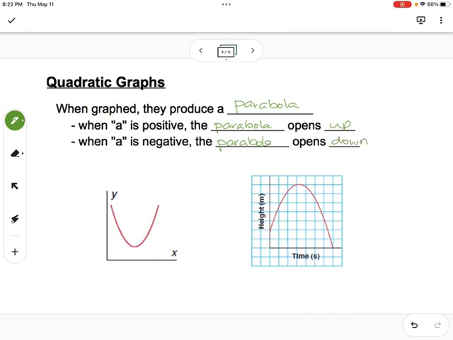So when we talk about the a value, we have y equals ax squared plus bx plus c. So we focus on the number that is in front of the x squared, and that will determine whether it's opening up or opening down. So that first example is when a is positive, and the second one is when it's negative, that it will open down.